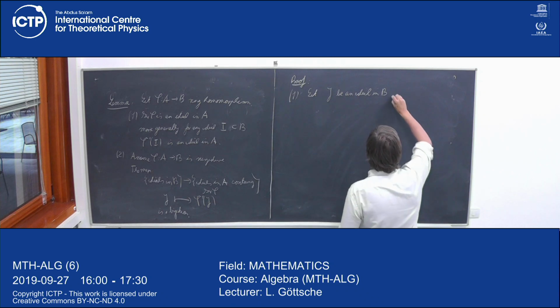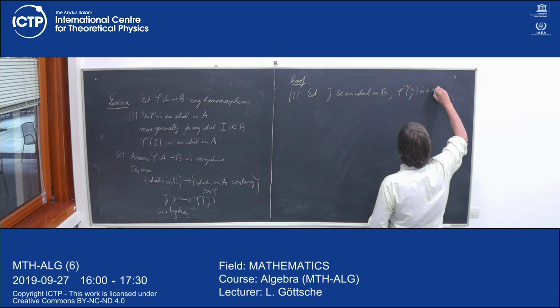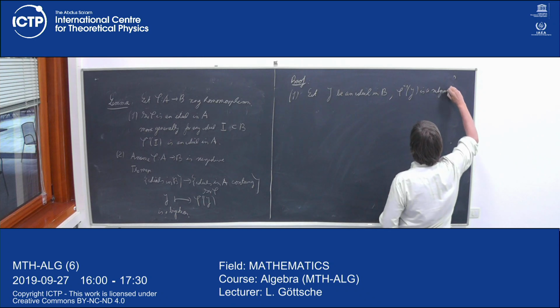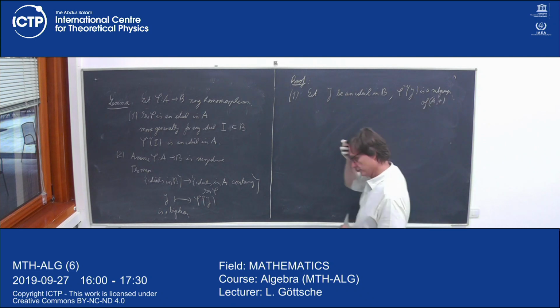So clearly, phi to the minus 1 of J is a subgroup of A with the addition that we know.